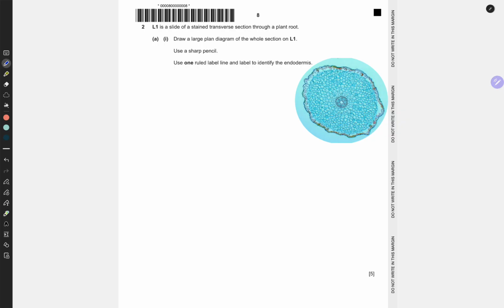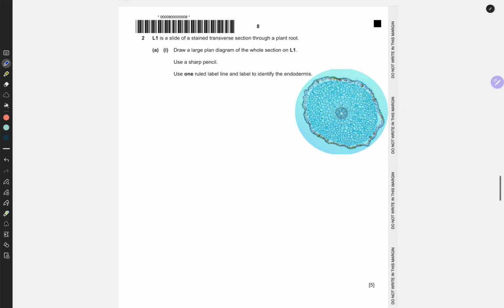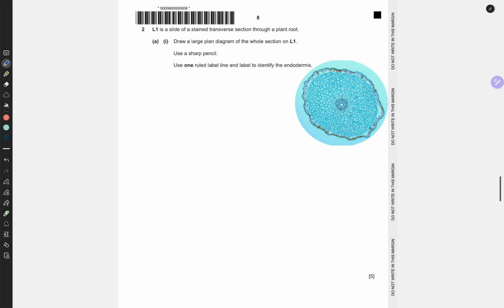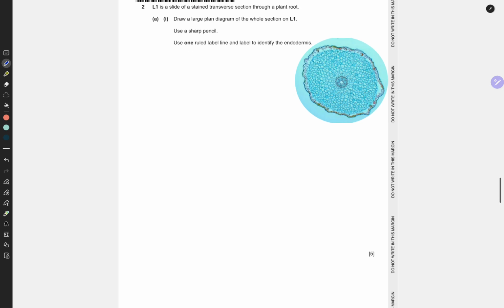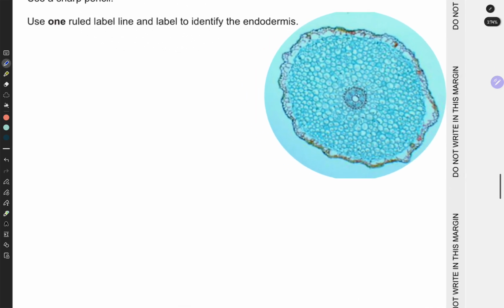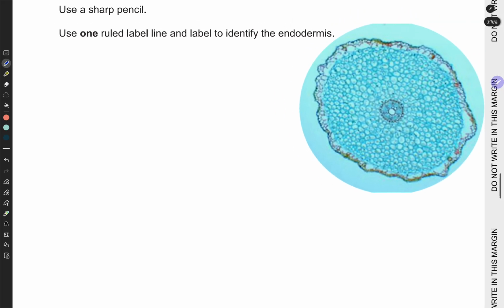Draw a large plan diagram of the whole section L1. Use a sharp pencil, and then use one ruled label line and label to identify the endodermis. So when you look under the microscope, it will look something like this.